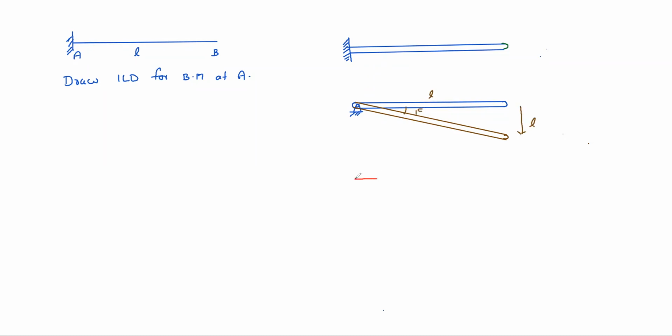So the ILD is like this. This is L means this is also L, negative. ILD for bending moment at A. Okay.